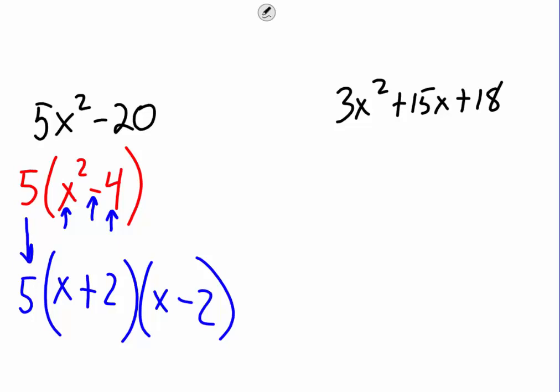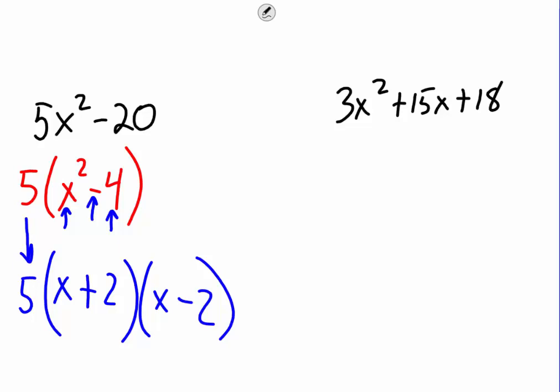But the first step should always be to factor the common stuff out. Because if we don't, it's very likely that we will end up with some common stuff that needs factored out at the very end of the problem, where most people won't do it. It also makes the numbers much easier to work with.